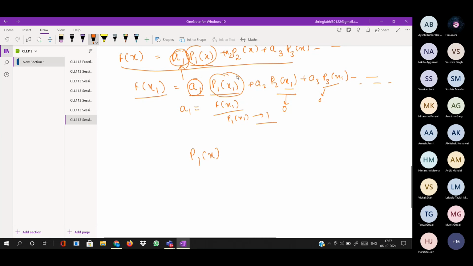Once we have these p1, now here we do not have to find these coefficients. Coefficients are already known to us in terms of fx1, fx2, and so on, because as we put x1 into this, we get a1 equals fx1, similarly a2 equals fx2, and so on, an equals fxn, right?